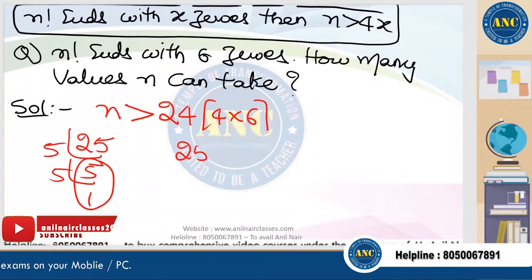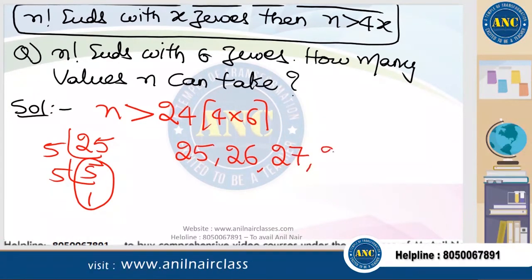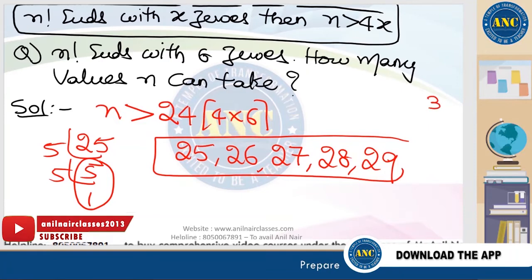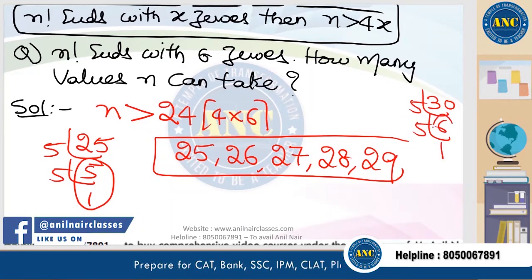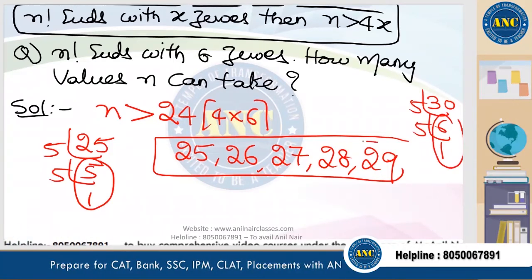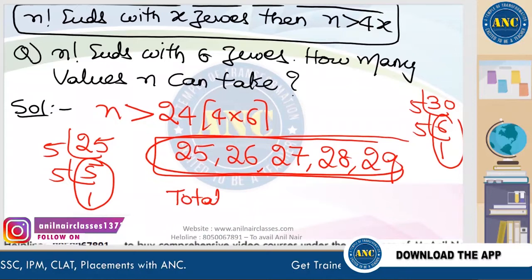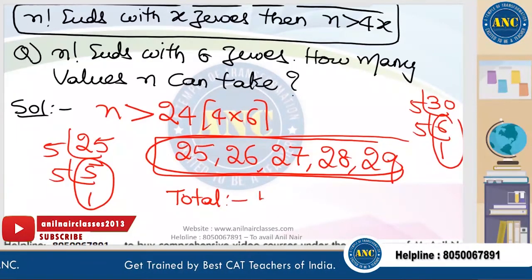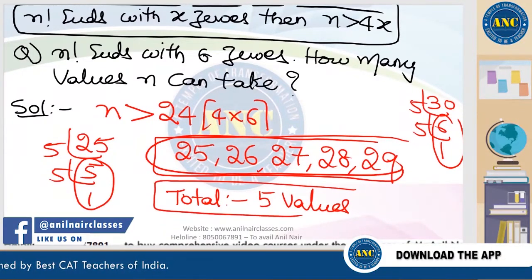That means 25 will be the answer, 26, 27, 28, and 29 also. 30 cannot be the answer because 5 6s are 30, 5 1s are 5, 6 plus 1 is 7. Directly we will get totally 5 values, otherwise you have to enumerate it.